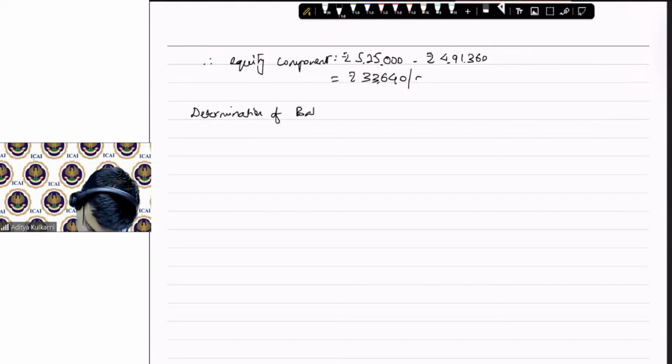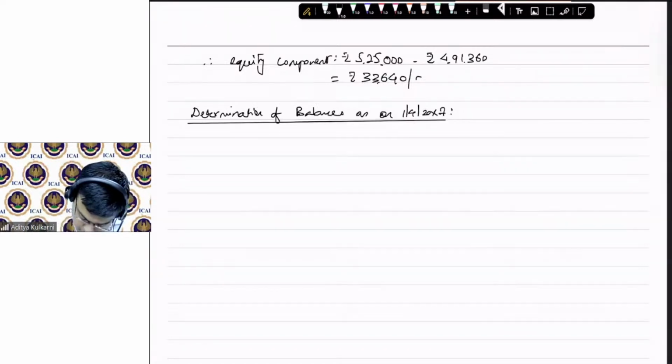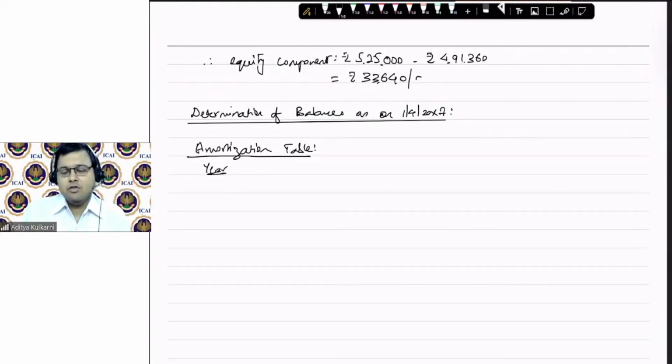Now we prepare the original amortization table, for determination of balances as on 1st April X7. Year 4 was given, so 5, 6, 7.